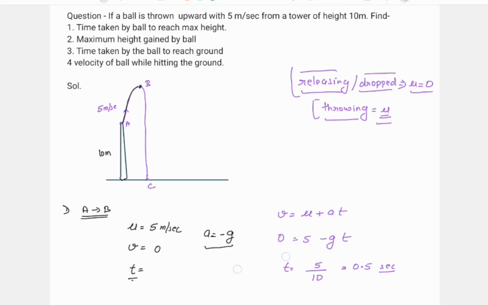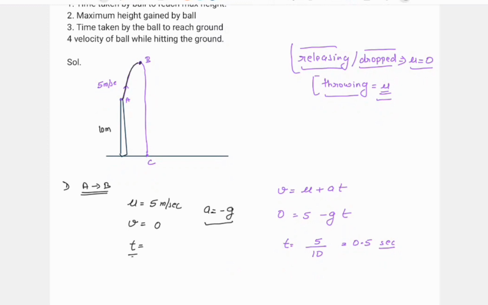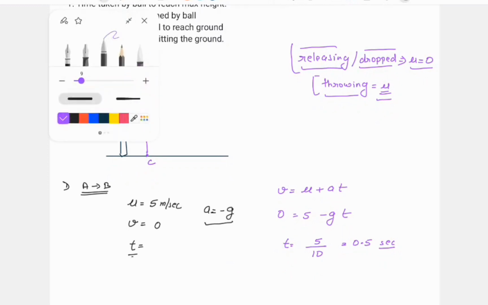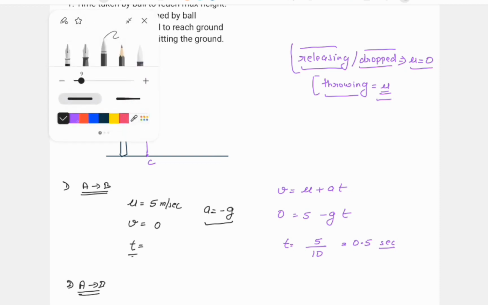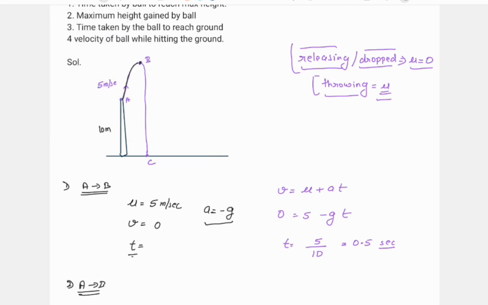Now, maximum height gained by the ball. It's very easy. It is again discussing the AB section, A to B. We will use the third equation: v square is equal to u square plus 2as.